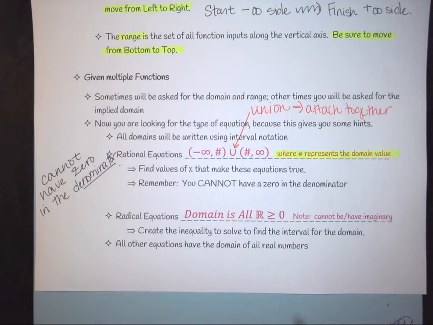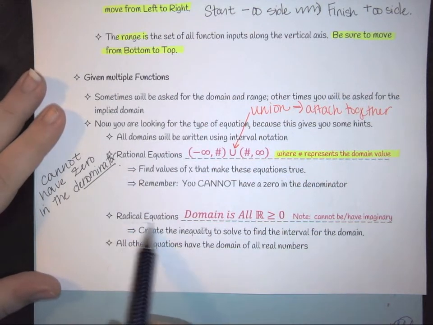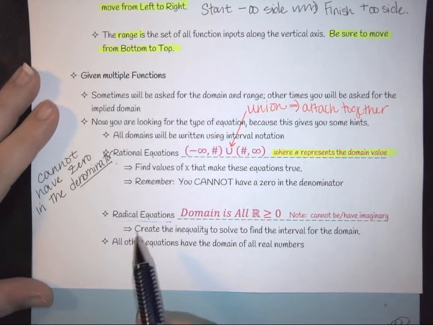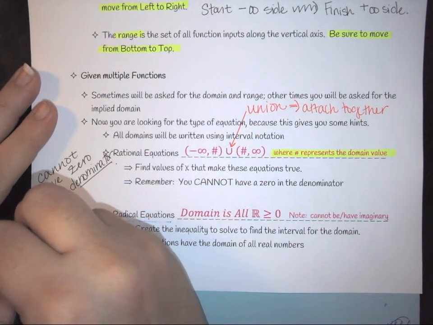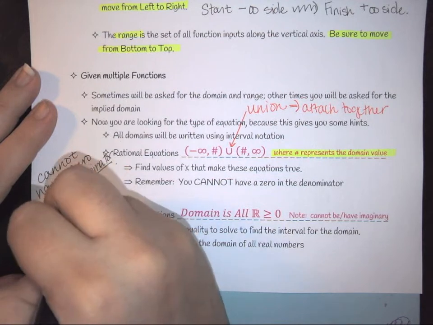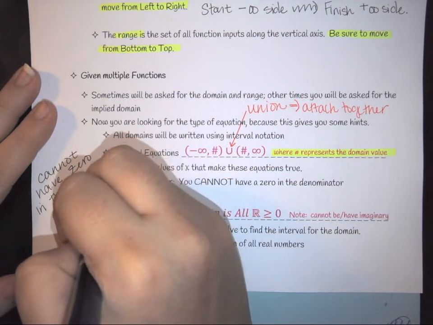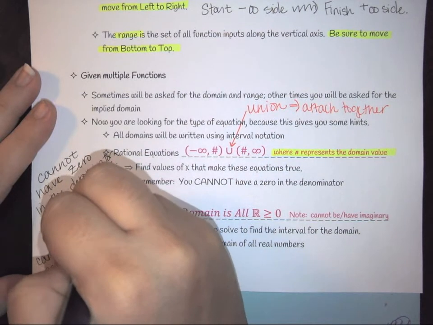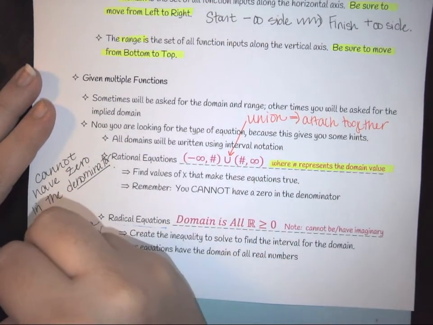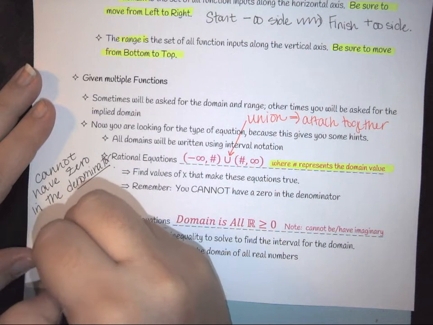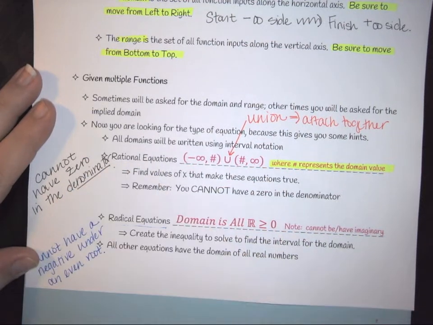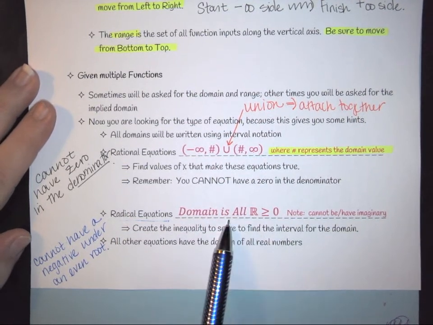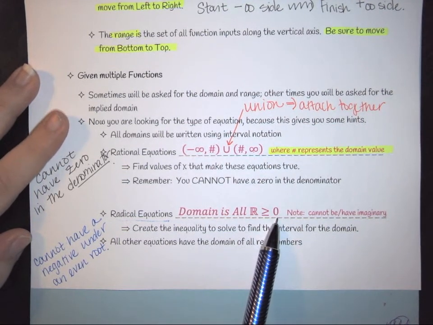Now, the other type is a radical equation. Now, a radical equation, the biggest rule we have here is you cannot have a negative under an even root. Therefore, we also have a different way that we write the domain.